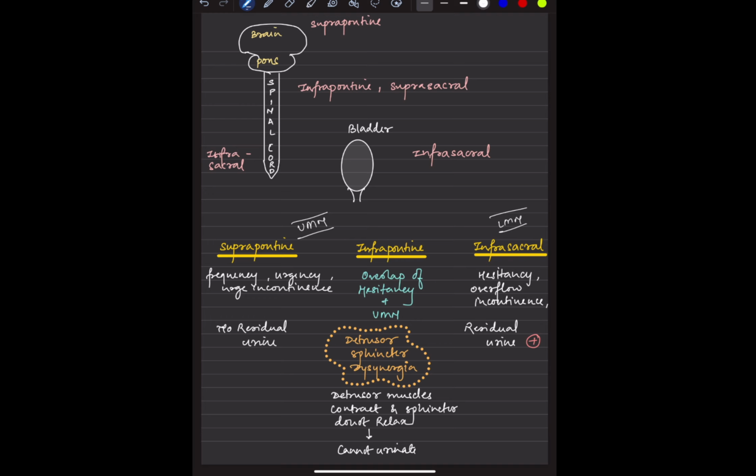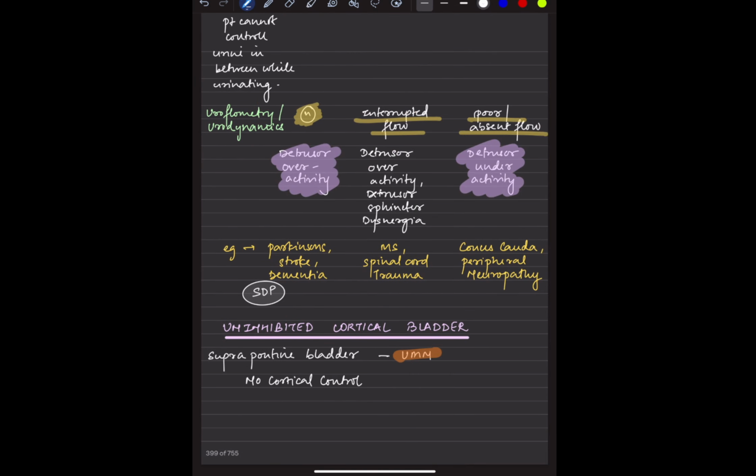But if that is not happening, there is an overlap of hesitancy with the UMN. That is called detrusor sphincter dyssynergia. So when we do a urodynamic study, uroflowmetry, you will get normal activity in the UMN bladder, and detrusor overactivity would be sensed over there. But here there will be interrupted flow in the uroflowmetry, and poor or absent flow in case of an LMN bladder.